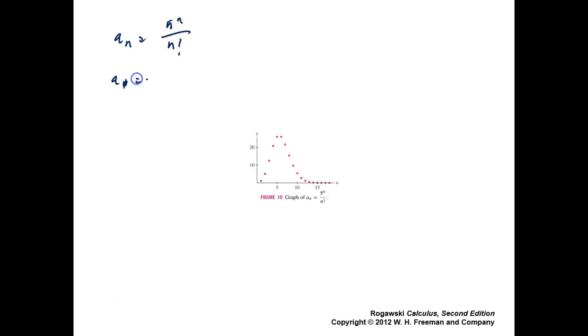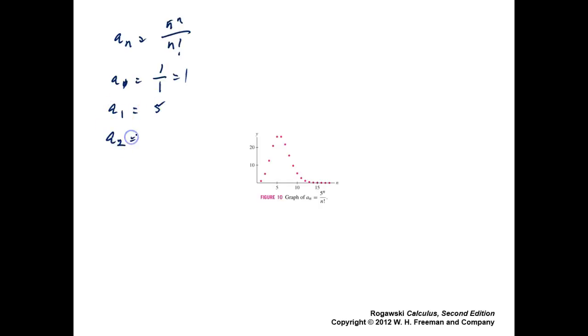So a sub 0 would be 1 over 1, which is 1. A sub 1 would be 5 over 1, because 1 factorial is 1. So that would be 5.